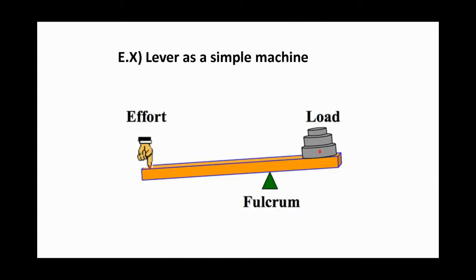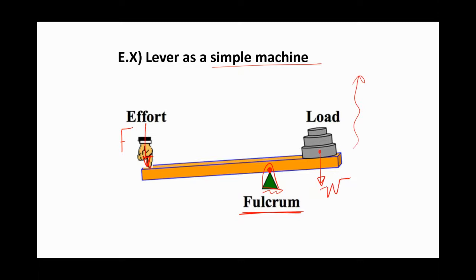Okay, a simple machine like this lever can increase the force. For example, if this is the pin, or sometimes we call it the fulcrum. This machine increases the force. You apply a force here, F, so you can lift this load, W. What's the relation?